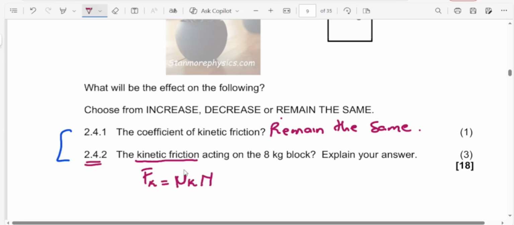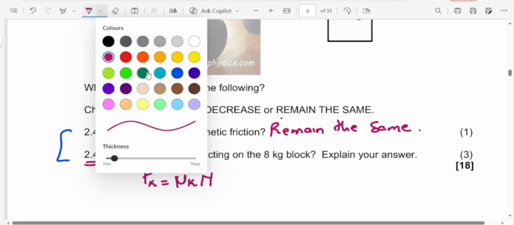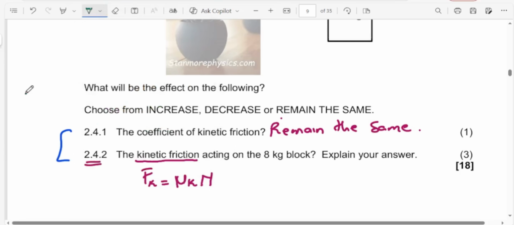So now let's say you are in an exam and you don't know how to collect these 3 marks, because these are what we call questions that need critical thinking. So this is how you answer the physics question, okay? You underline kinetic friction. They want to know how this will affect kinetic friction. You write the formula of kinetic friction, okay? From the kinetic friction, we are saying that the coefficient does not change. It will remain the same.